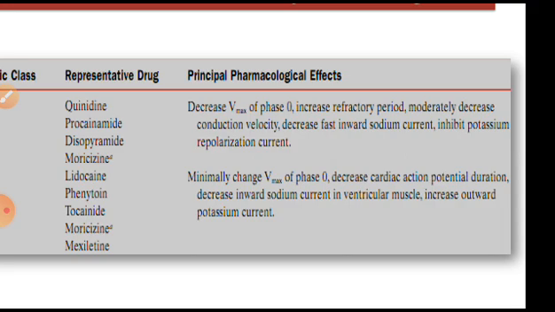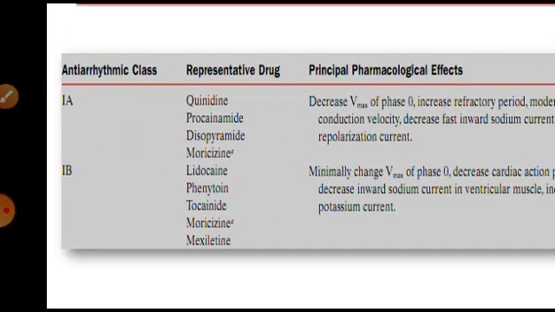In that case, it increases the refractory period and moderately decreases the conduction velocity, decreases the fast inward sodium current, and inhibits the potassium repolarization current. In the coming slides we will discuss in detail the mechanisms they possess.